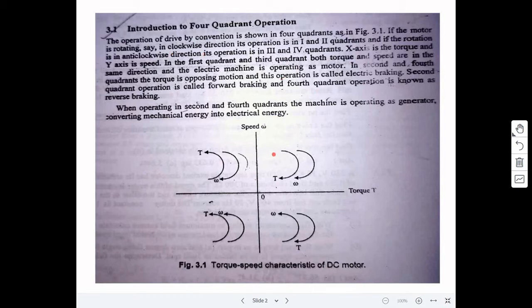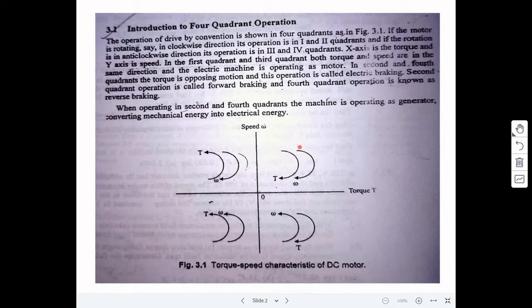Here, this is your speed curve and this is your torque curve. In the first quadrant, speed and torque are both in the positive direction, that is clockwise direction. When torque and speed are both clockwise, the machine is operating in the first quadrant.